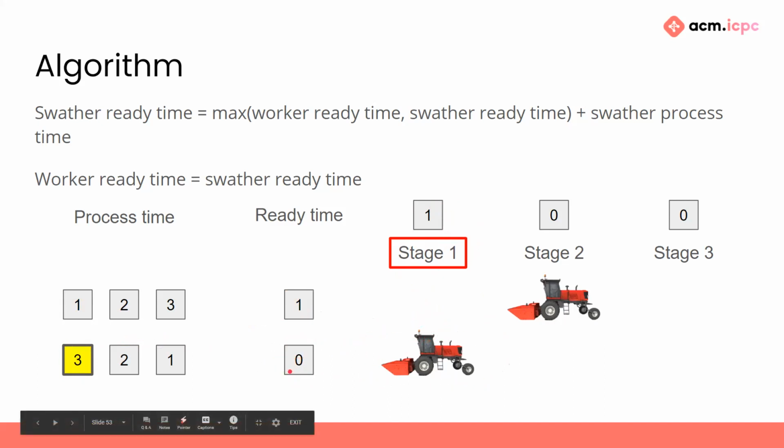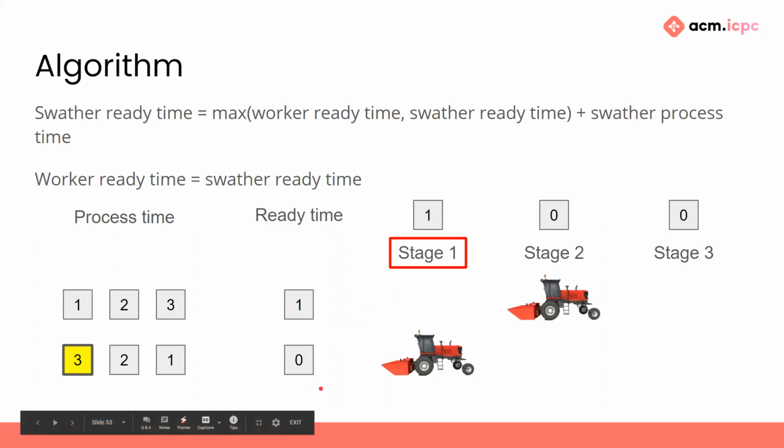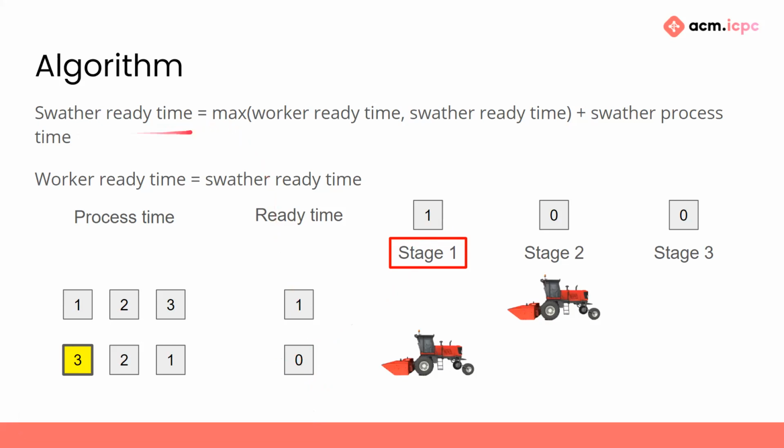And to calculate the ready time for this second swatter, we add 3 to these two numbers and then find the larger one, right? Both the worker and the swatter have to be ready before the process can begin. And that's why we have swatter ready time equals max of worker ready time and swatter ready time. Once both of them are ready, we can start processing it.